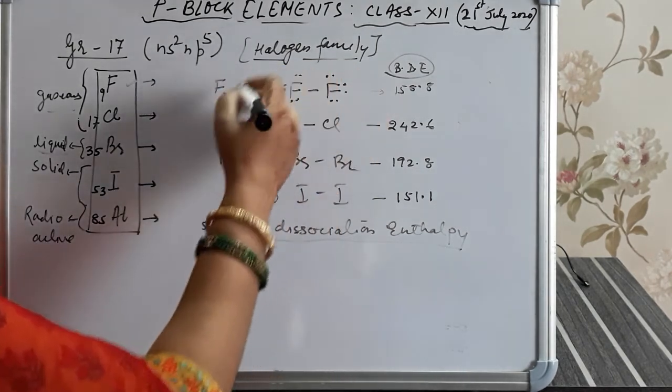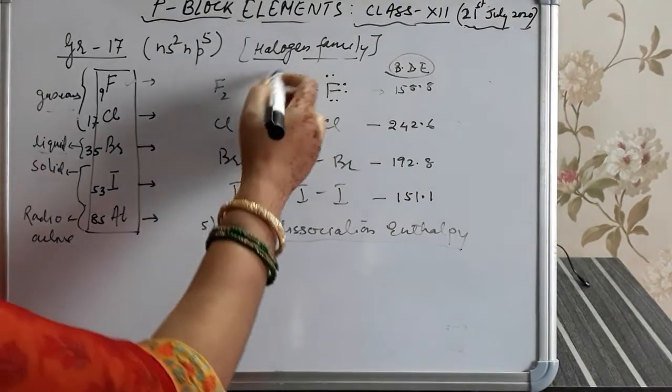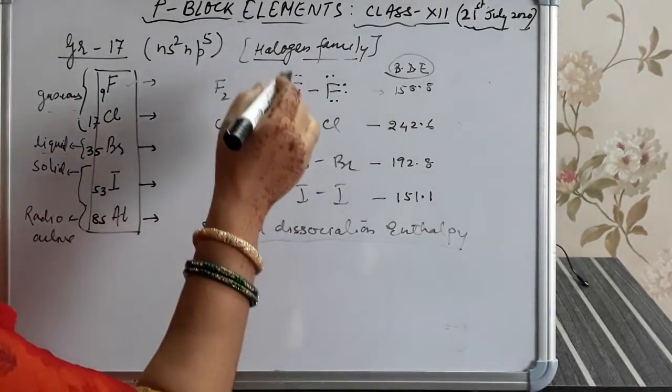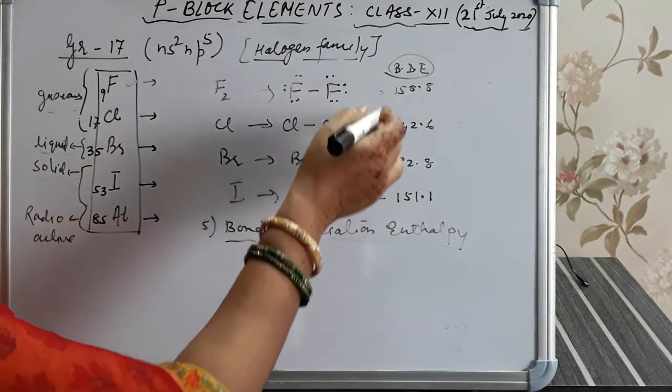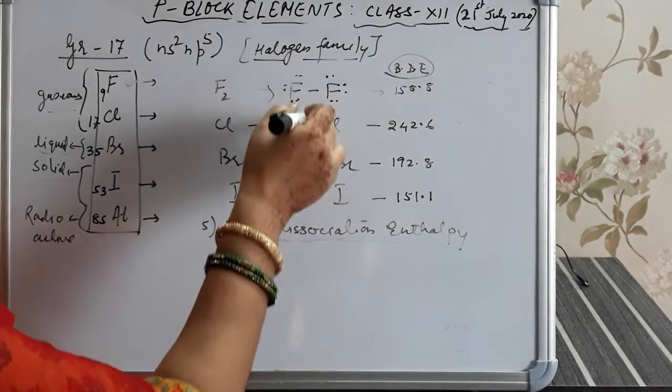Their small size and the maximum electronic repulsion make it unstable, so a lesser amount of energy is required to break the bond.